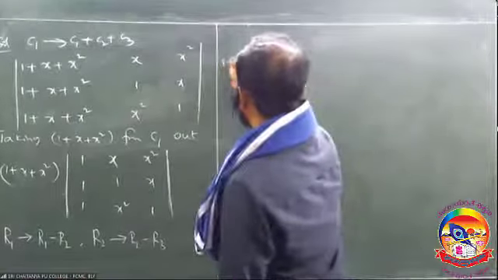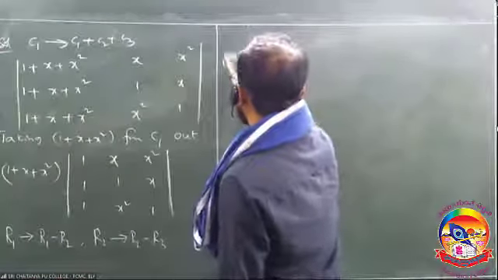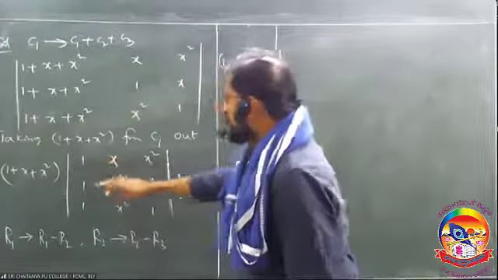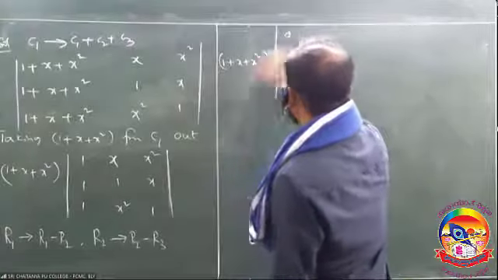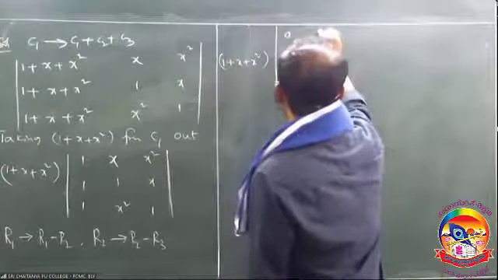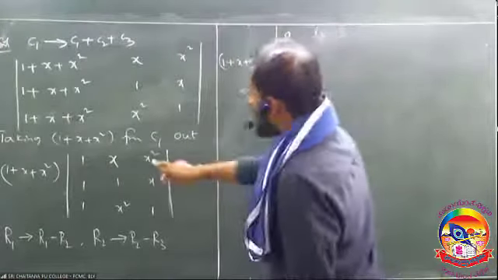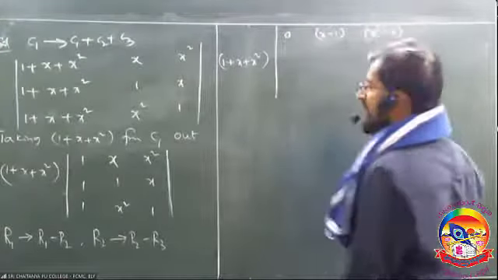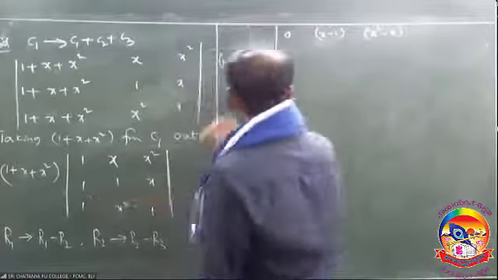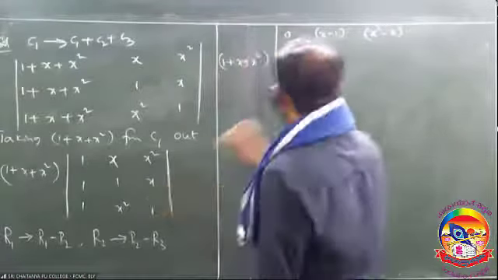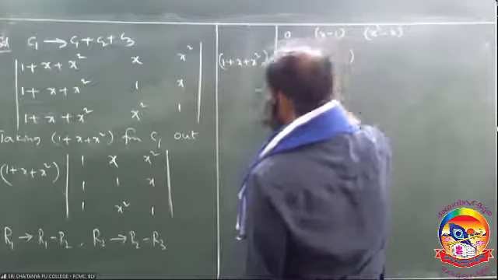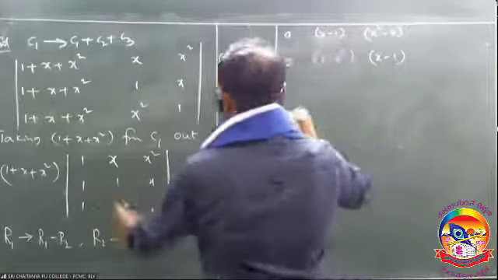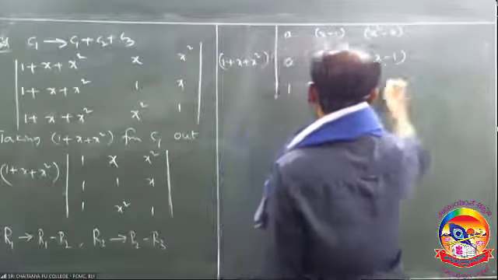So 1 plus x square is outside. 1 minus 1 value is obviously 0. x minus 1 you are going to get, and x square minus x you are going to get, right? And here also 1 minus 1 is 0, it is 1 minus x square, and it is x minus 1. Okay, and write down this one as 1, x square, 1 as it is.